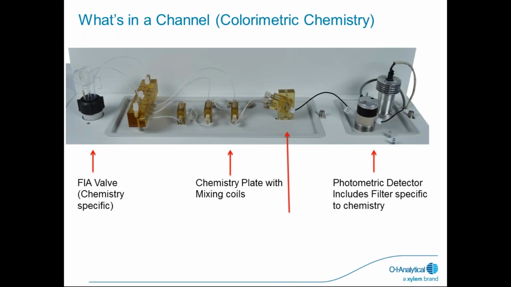As a breakout here of a colorimetric chemistry with a photometric detector, we have our FIA valve, and again, that's chemistry specific. We have our chemistry plate with the mixing coils. We do have, in this example, a debubbler, and then the photometric detector, which includes the filter specific to the chemistry. So if it's a 550 nanometer filter, our range was 420 nanometers to 880 nanometers.